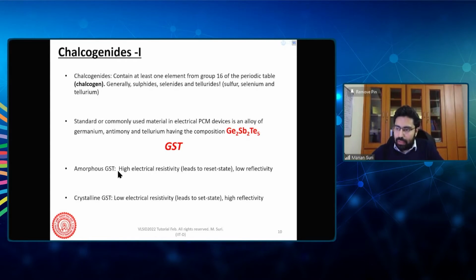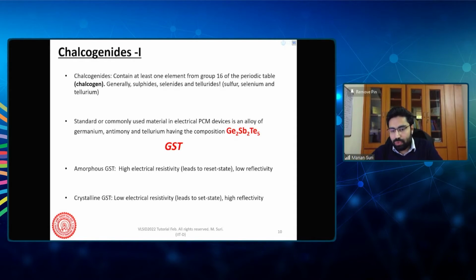Now let's come to the storage concept. The chalcogenide material, its amorphous phase has high electrical resistivity, and its crystalline phase has low electrical resistivity. So if you have high electrical resistivity in a phase, you can exploit it as a resistive material.